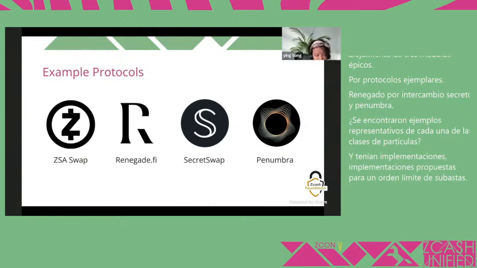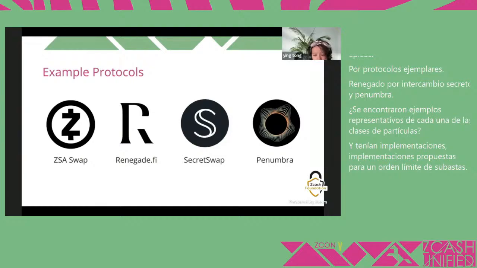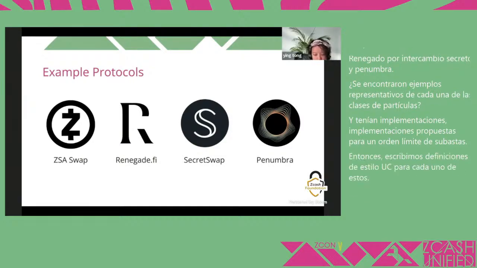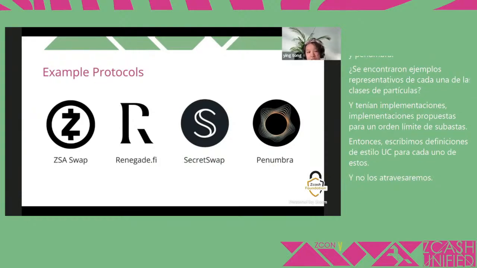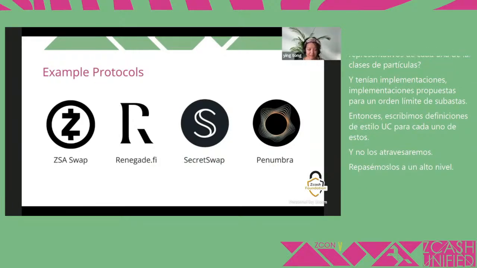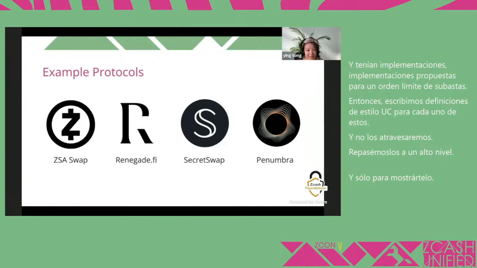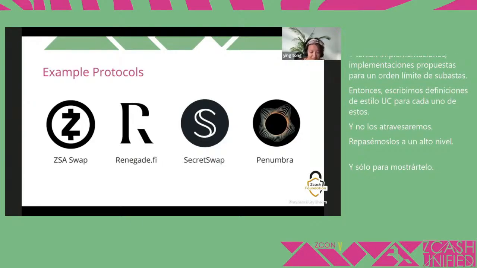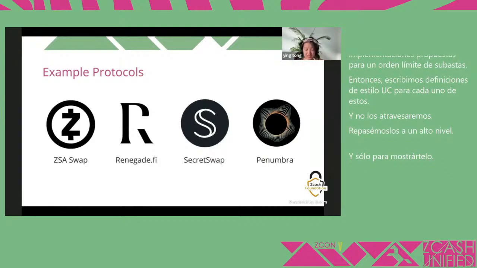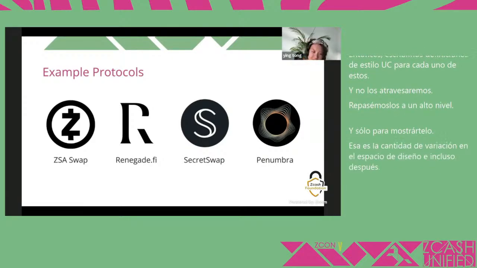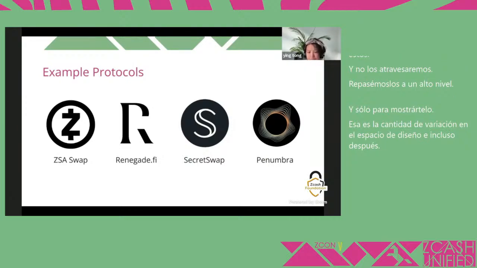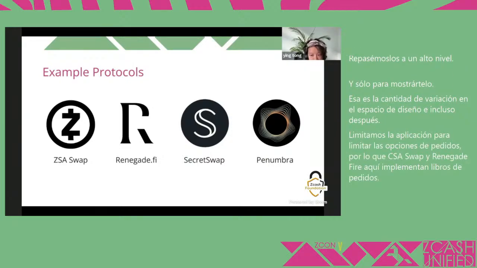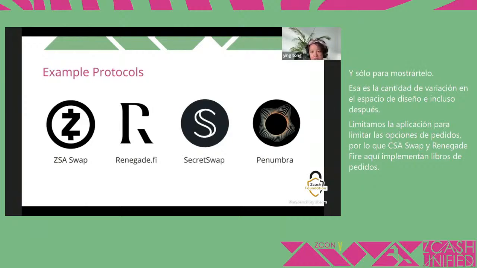So we wrote up UC style definitions for each of these. We won't go through them in detail, but let's go through them at a high level, just to show you the amount of variance in the design space, even after we limit the application to just limit order auctions. ZSA Swap and Renegade Fi both implement order books, and Secret Swap and Penumbra both implement CFMMs.